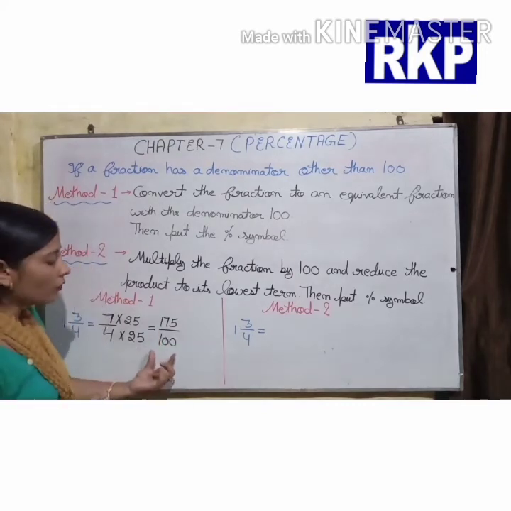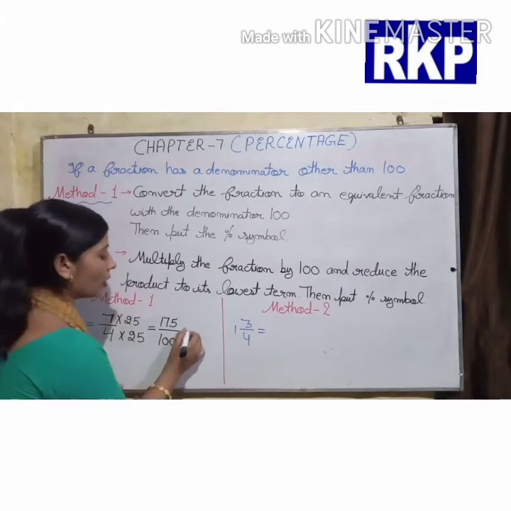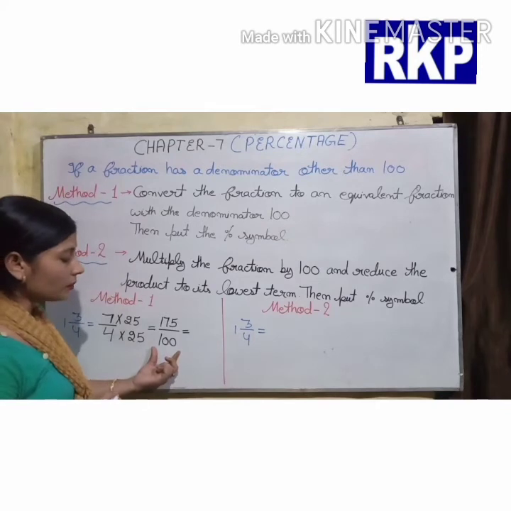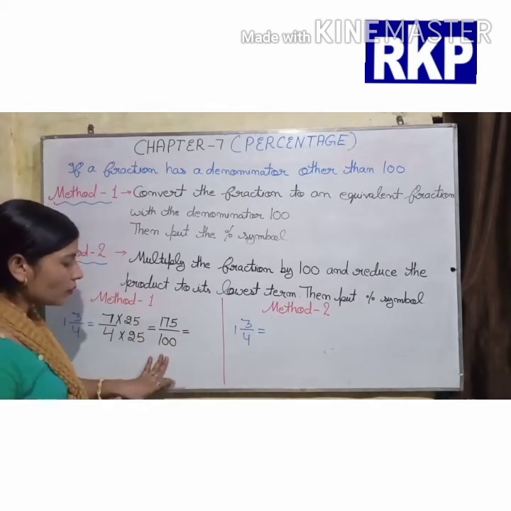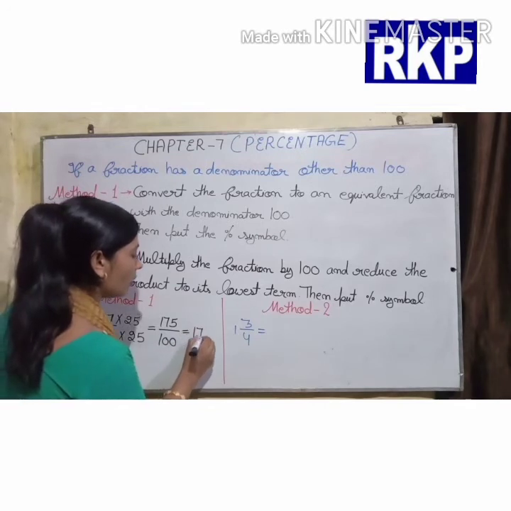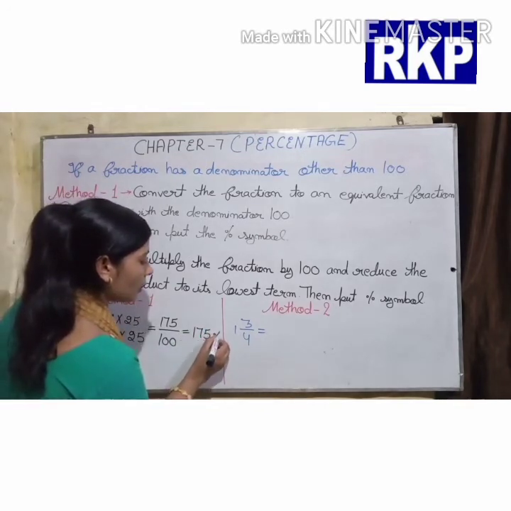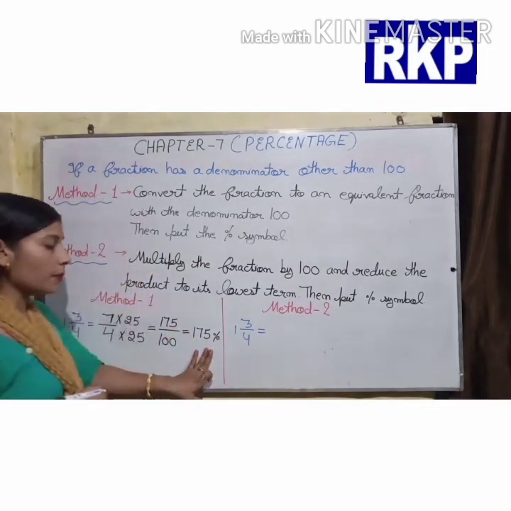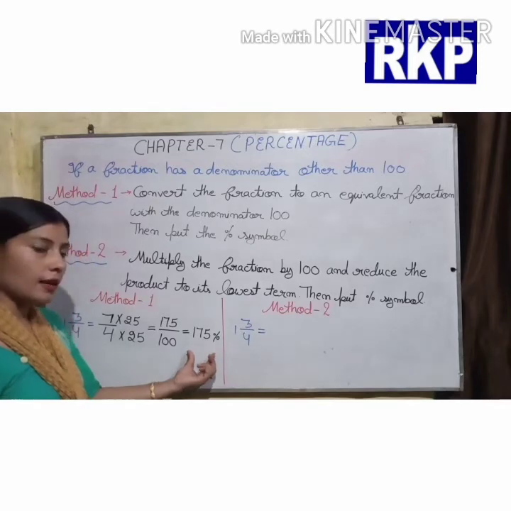Now we have a fraction with denominator 100. So now we can convert this fraction into percentage very easily. We have to write only the numerator and put the sign of percentage. So now 175% is the answer.